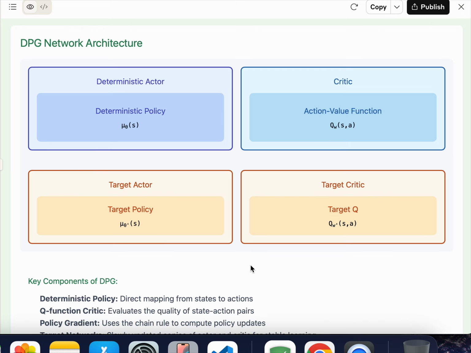And third, the learning signal, the policy gradient, is based on the chain rule, and that's how we update the actor. And fourth, we use target networks to avoid instability. And finally, all of this is trained using experience replay, meaning we store transitions and sample from them randomly. That helps break correlation and improves learning efficiency.